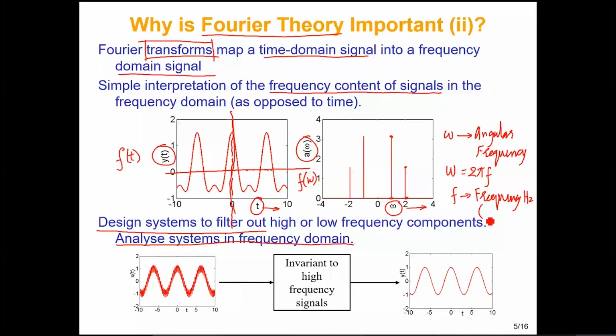In continuous time, omega is basically 2 pi times f. So whether you plot it against omega or against f, the whole axis just gets scaled by 2 pi. It's one and the same thing, just a scaling factor of 2 pi. Okay, so this was some detail about the Fourier theory.